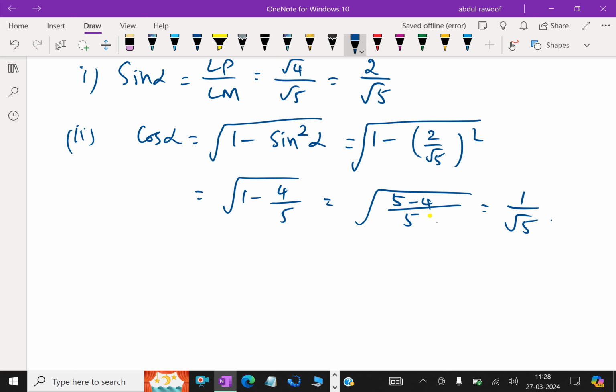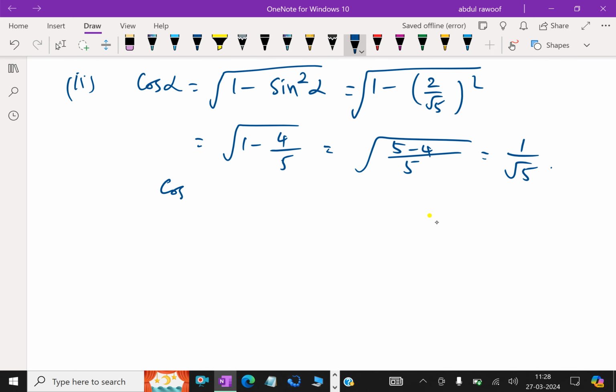Therefore, we got cos alpha as 1 over root 5.